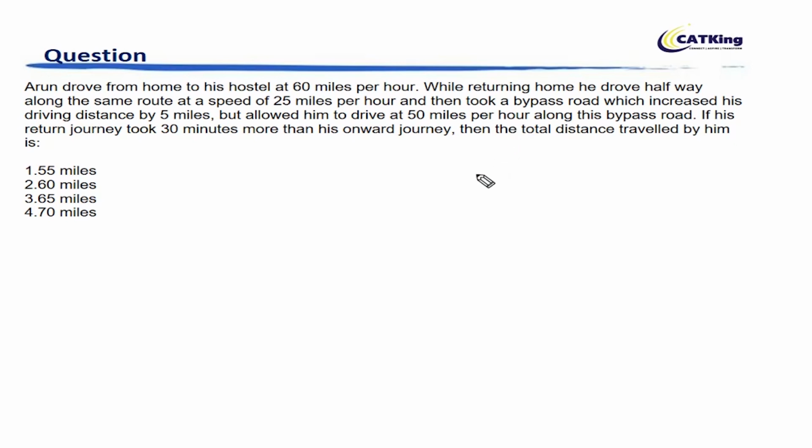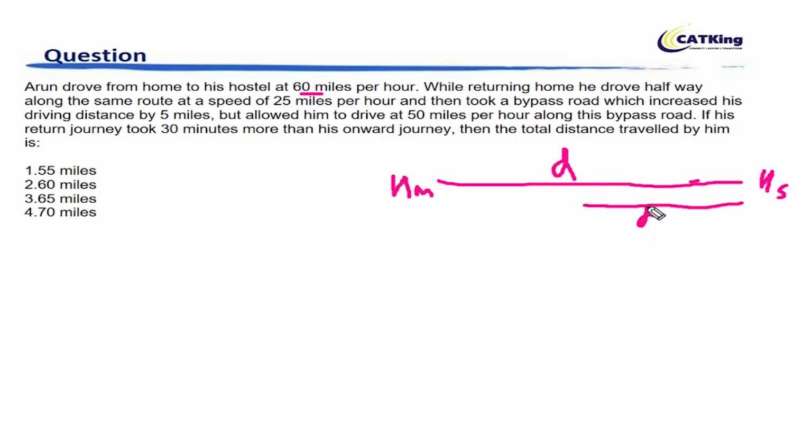Now, if you actually see, this guy is going from home to hostel, and so onward journey he is going at 60 miles. So let's say the distance here is d, so onward journey is going at 60. In the return path, half the journey he is doing at 25 miles per hour, and the remaining half he is taking a bypass, because of which the remaining half becomes d plus 5, right?